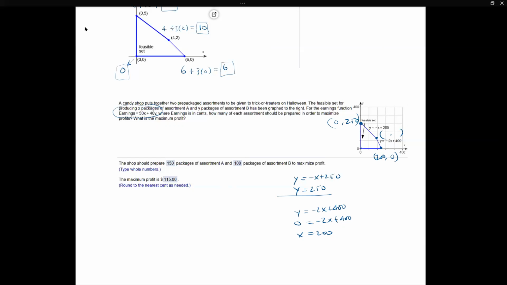We have this one remaining. It must satisfy these two, number 1 and number 2. So if it satisfies both, as we did in previous videos, then we set them equal. Negative x plus 2x gives you x, and 400 subtract 250 should be 150.